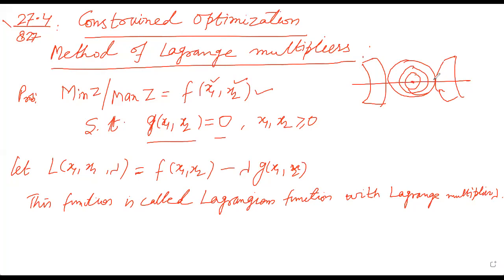At this point the gradient will be the same. If I take this as a sphere g(x,y), and suppose this is your f(x,y), the gradient will be the same at the point of contact. So the gradient of f and of g will be scalar multiples of each other. It was the concept in your advanced calculus.